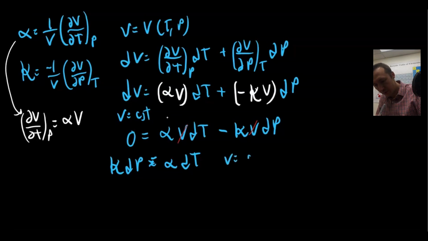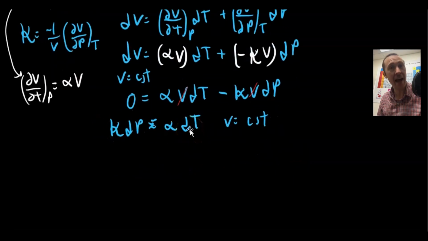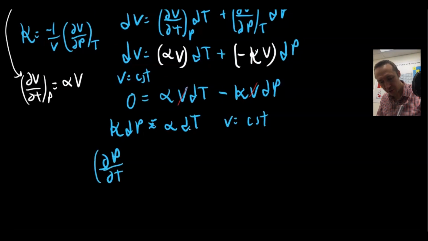We can rearrange this as a partial derivative: the change in pressure over the change in temperature, holding volume constant, equals alpha over kappa.